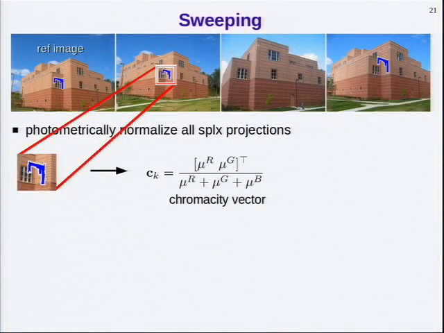You can have, for example, a superpixel, imagine this one here, and there is a lamp in front. When you project the particular superpixel into other views, there will be no correct projection, because the lamp will be in front of the superpixel you are interested in. So it will pollute your histogram measure.